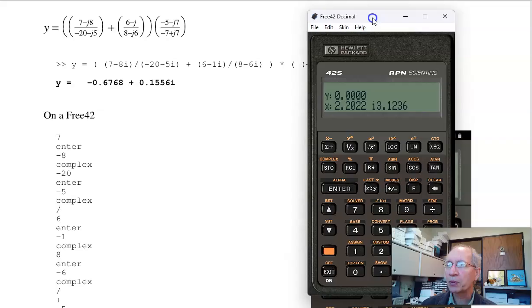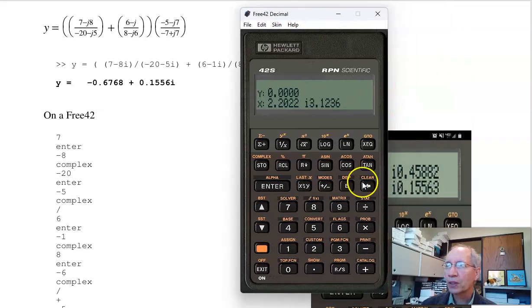Okay, so try that with your calculator. With an HP, it actually is pretty easy. I do 7, enter -8, complex, -20, -5. Take that ratio. Next one, 6 minus j, 8 minus 6j.